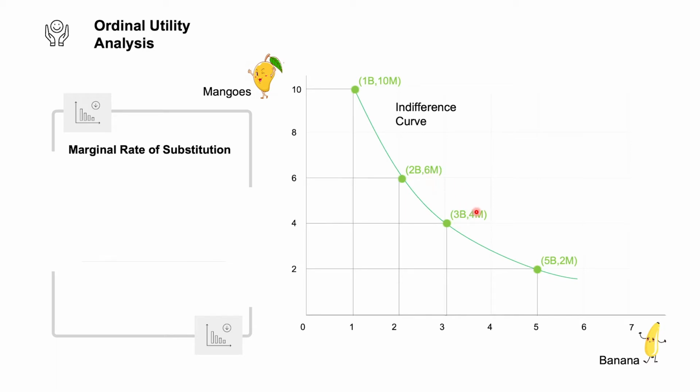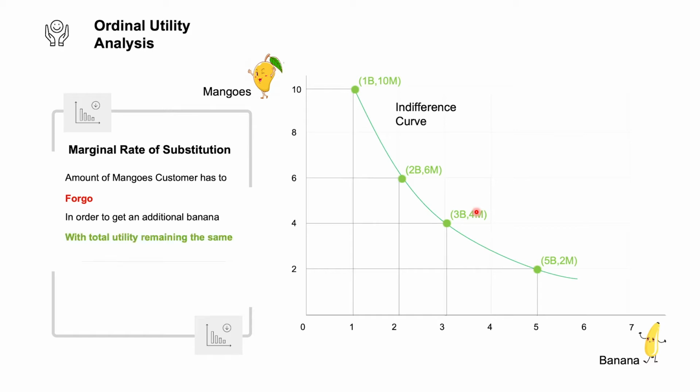So to have an extra banana, the customer is sacrificing some mangoes, and that is called the marginal rate of substitution. What is the amount of mango the customer has to forgo, which means sacrifice, in order to get an additional banana, to have an extra banana?